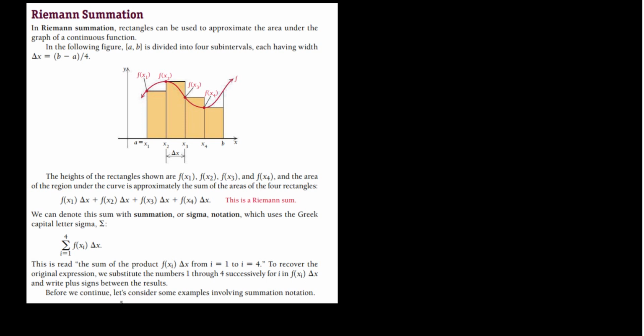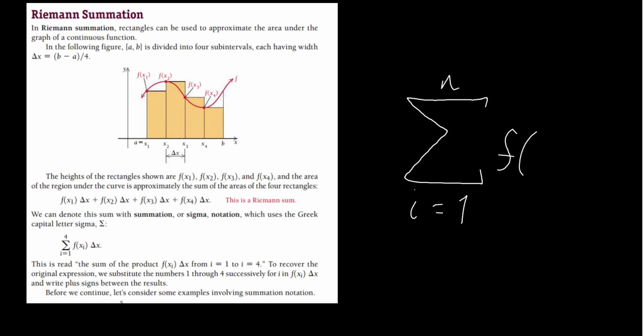But anyways, let's make this a large version of the Riemann sum, so we have i is equal to 1, and it has a 4 up there, but I'm just going to put an n for right now, and then f of x sub i, and then delta x.